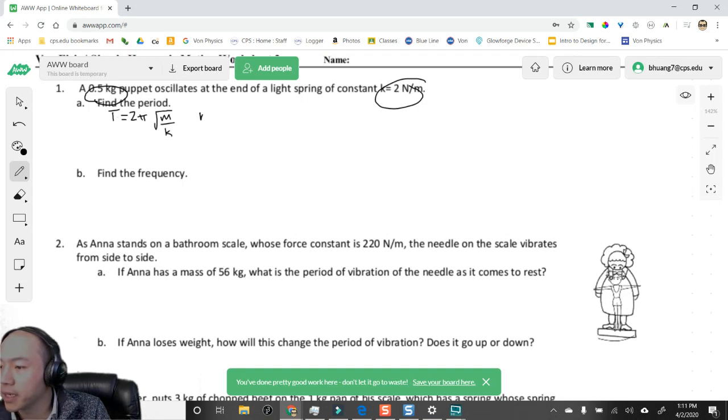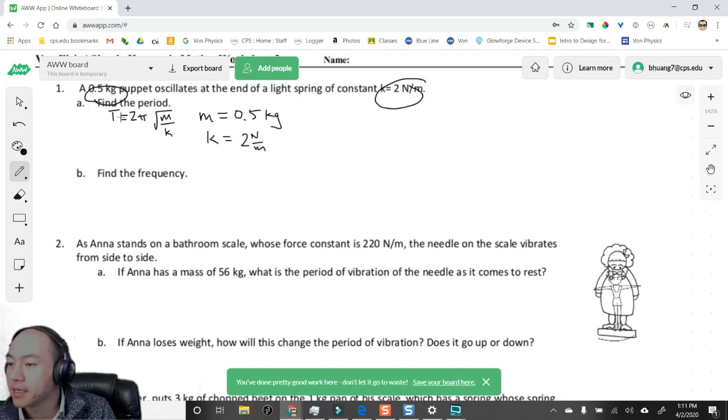So mass is equal to 0.5 kilograms, and the spring constant k is equal to 2 newtons per meter. We just plug this into the equation: T is equal to 2 pi times the square root of m, which is 0.5 kilograms, divided by k, which is 2 newtons per meter.